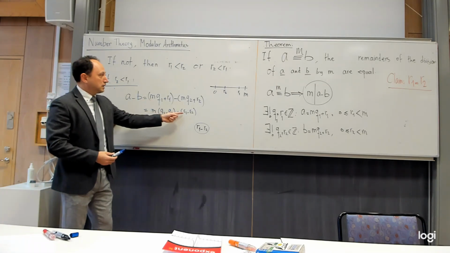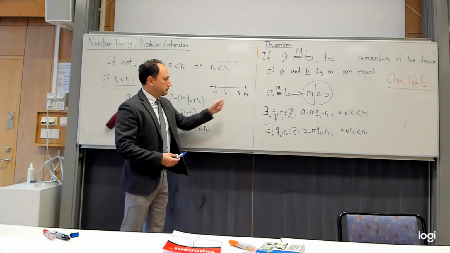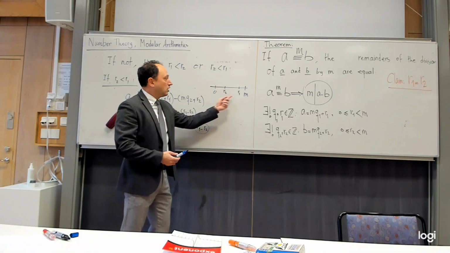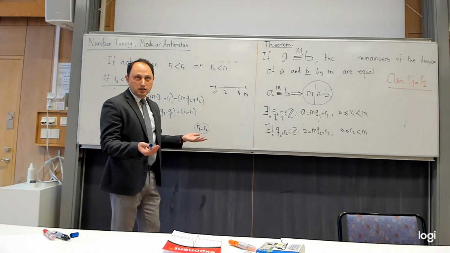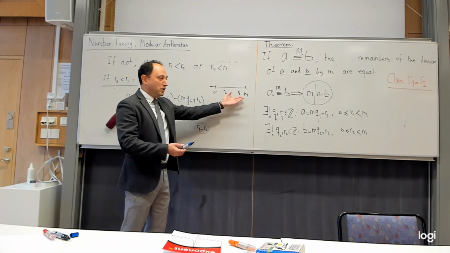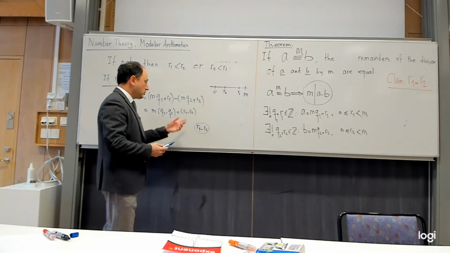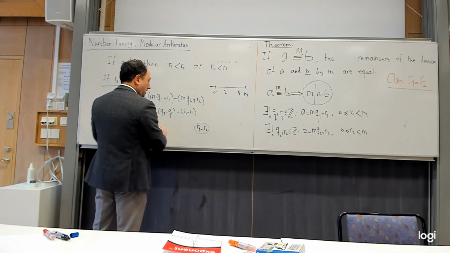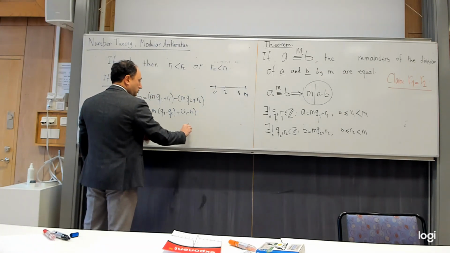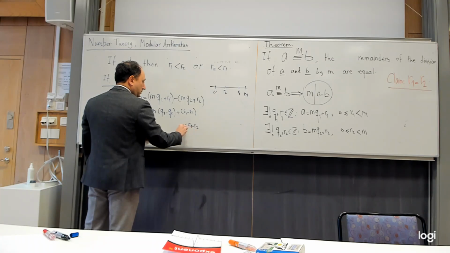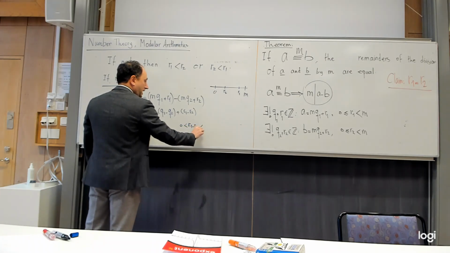So R1 minus R2 is definitely positive. But can this number be larger than m? The answer is no, because R1 and R2 are smaller than m. So how is that possible? When I subtract them, it becomes bigger than m. So this means that R1 minus R2 is a number greater than 0 and smaller than m.